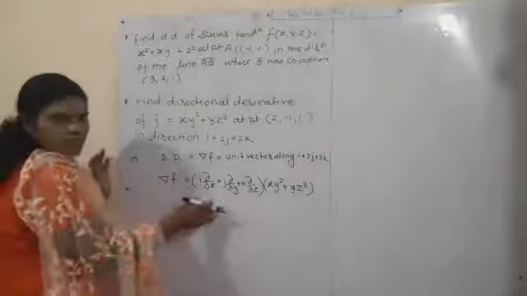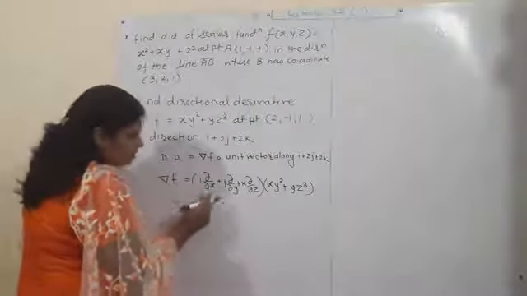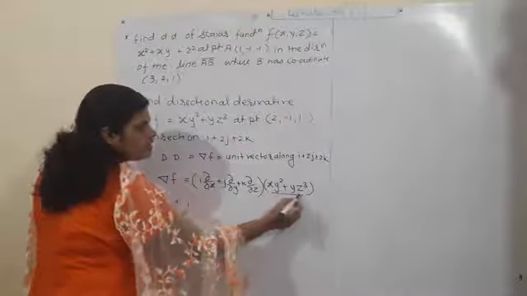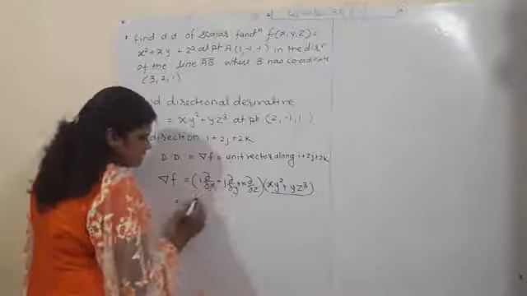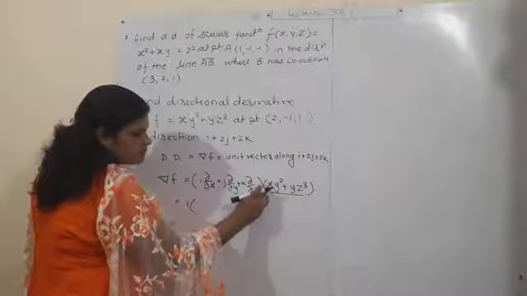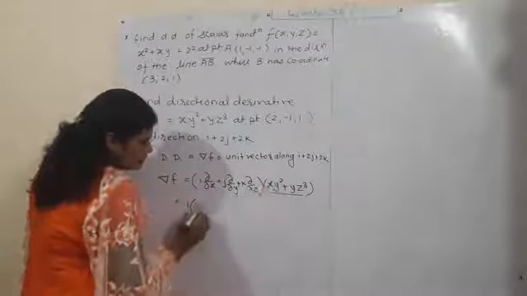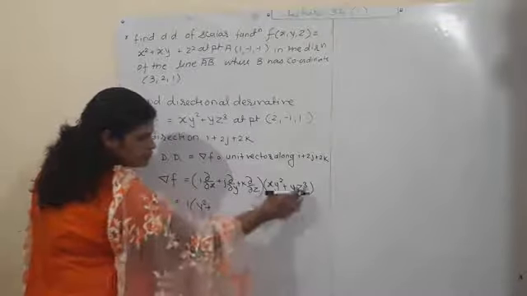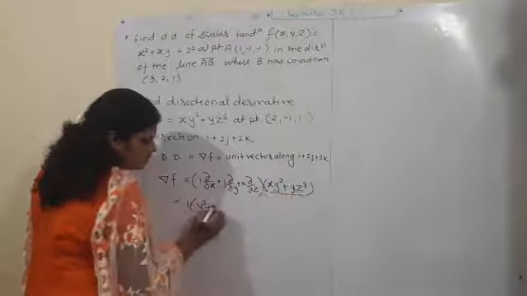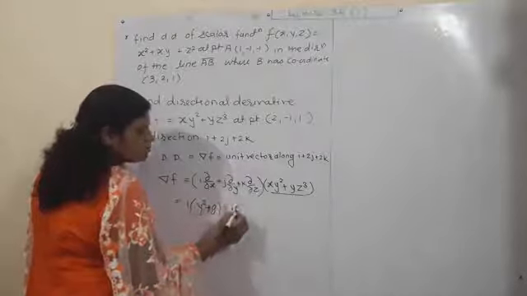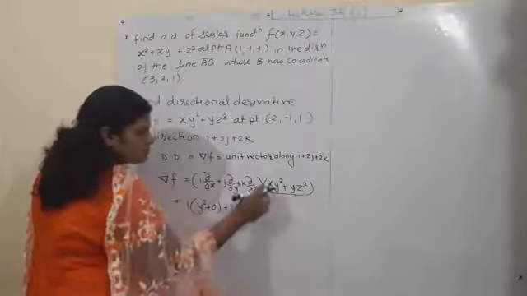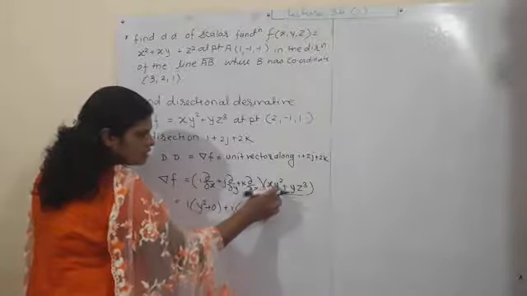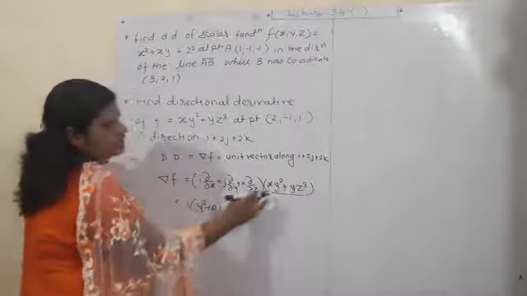Now we see grad of phi. So i del x of that term, that is the derivative of that term with respect to x. If you take the derivative of that term with respect to x, the derivative is 1, so y square remains as it is, plus there is no term of x in the second, so it becomes 0, plus j into del y of that term. So here is x, here is y square. So y square derivative with respect to y, that is 2y.